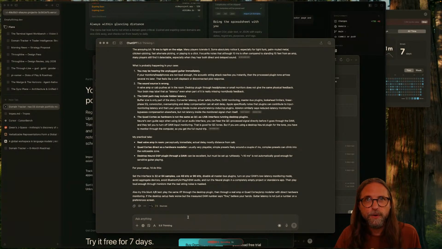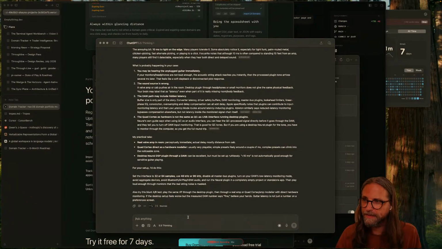If I use the Quad Cortex into the machine, into the PC, would I have the same latency issue? I would assume if I ran it through the audio interface as an audio out, I would, in the same way. But if I ran it from the Quad Cortex directly into the PC, would that be better? How does that work?